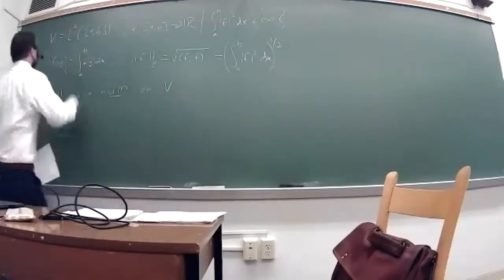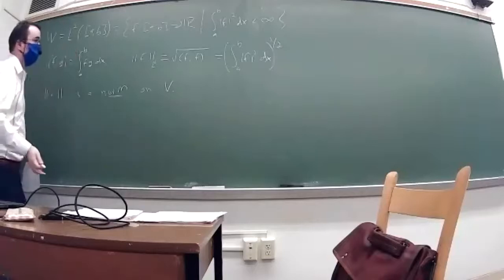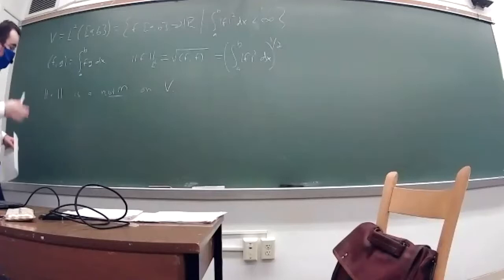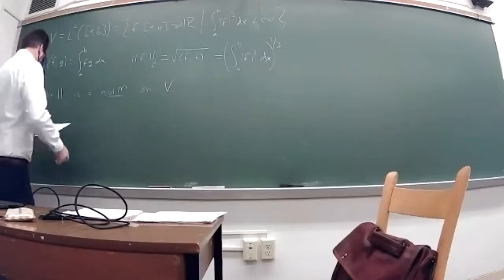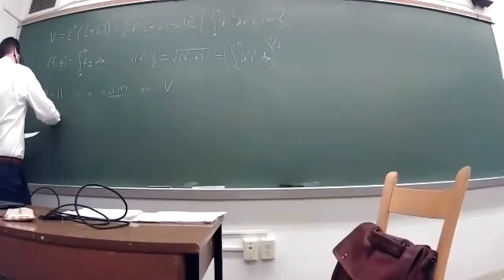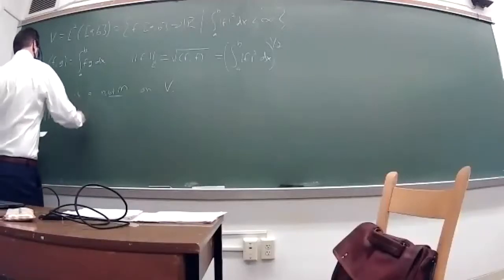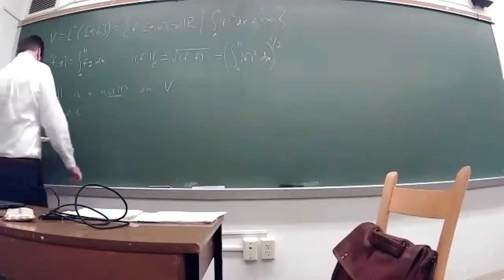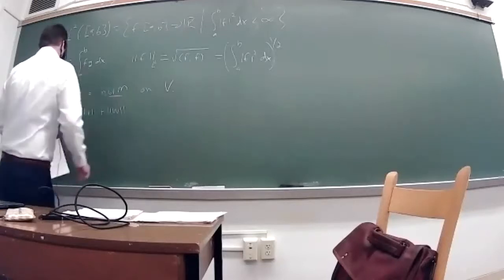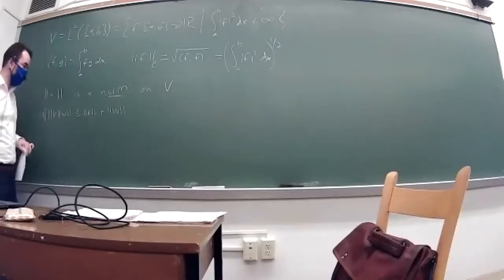I'm thinking about this very specific example, but generally speaking, take any vector space. You're a norm on that vector space if the following properties hold. It has to satisfy what we call sublinearity. So the norm of v plus w has to be less than or equal to the norm of v plus the norm of w. I just call this the triangle inequality.